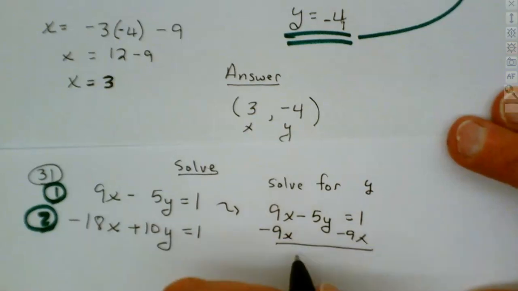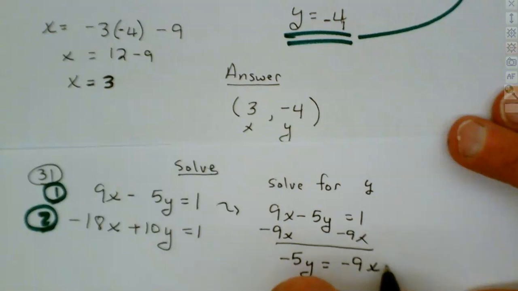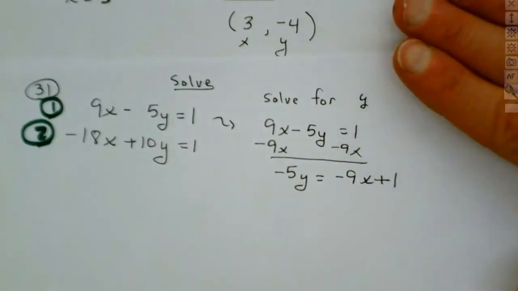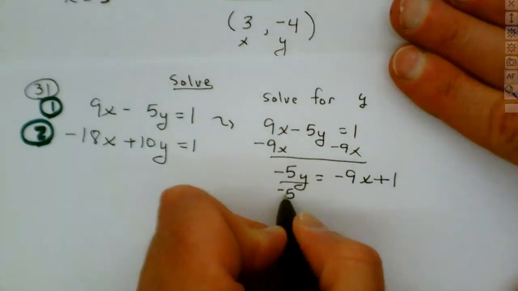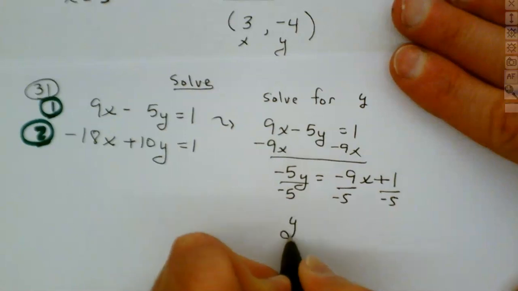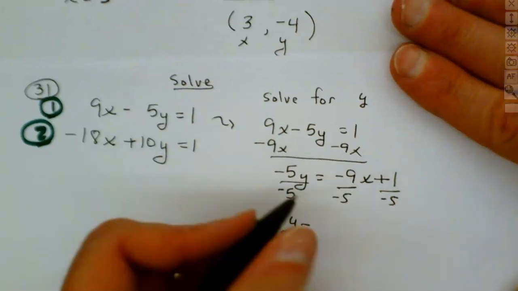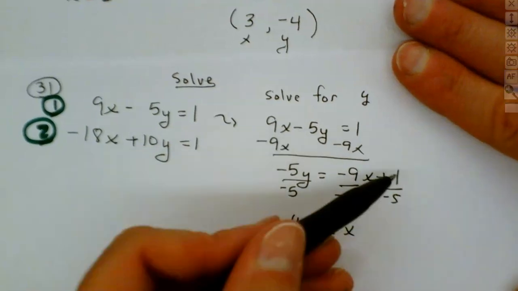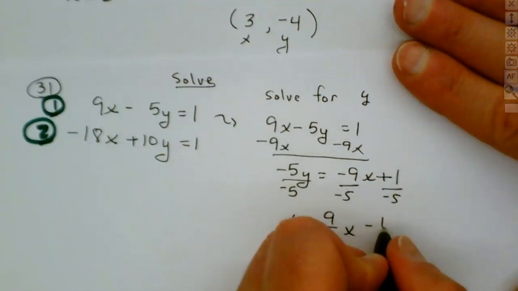Now you will make fractions, but that's okay, because we'll work with them. So moving that over, solving it for y, we'll divide by our -5. And that gives you y equals now, negative and negative makes it positive 9/5 x. Positive over negative makes it -1/5.